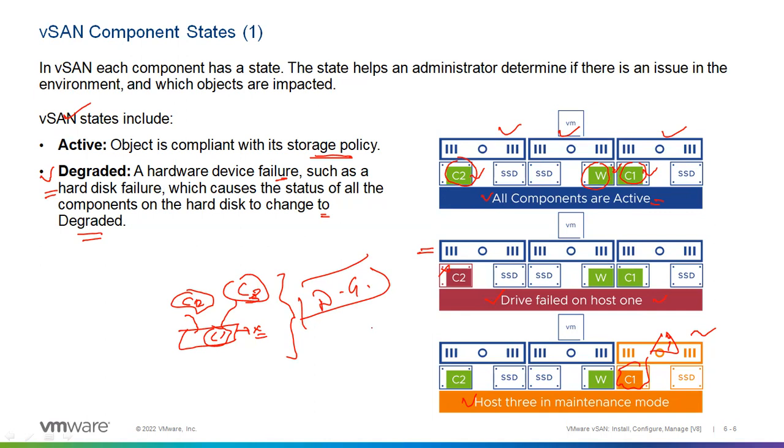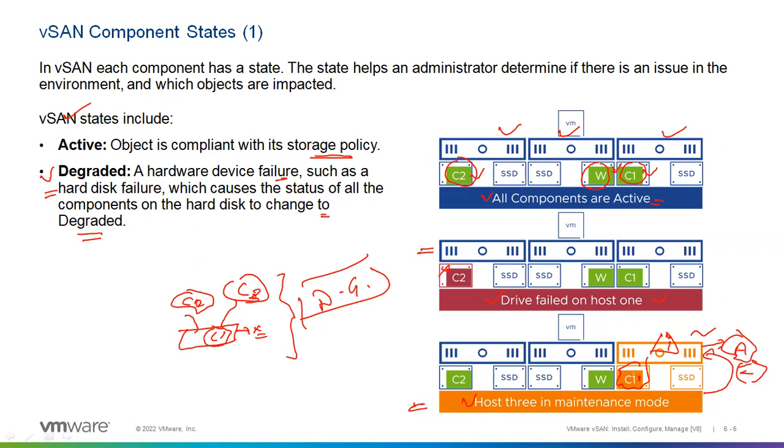The other state is what we call an absent state. When we say absent state, we are assuming that the host where this component is hosted will be brought back into active state. Maybe that host is down, or in maintenance mode due to some reason, maybe some hardware change, maybe some patching activities.